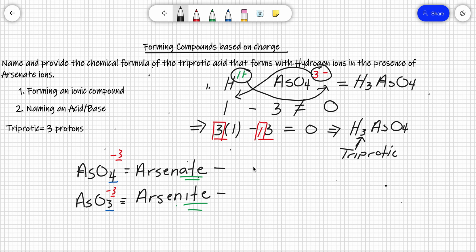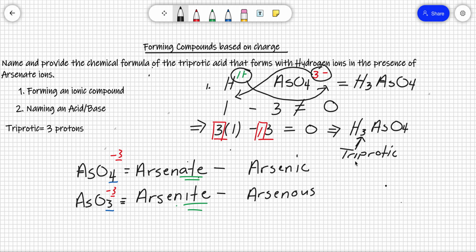As I was saying, the number of oxygens is going to dictate whether it's called arsenate or arsenite. When you're naming the acid, that's going to dictate whether the acid is called arsenic acid or arsenous acid.